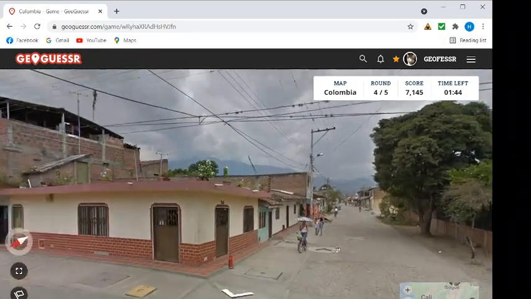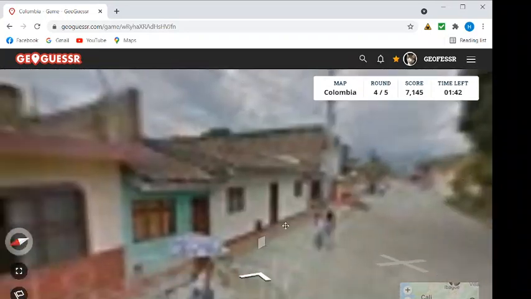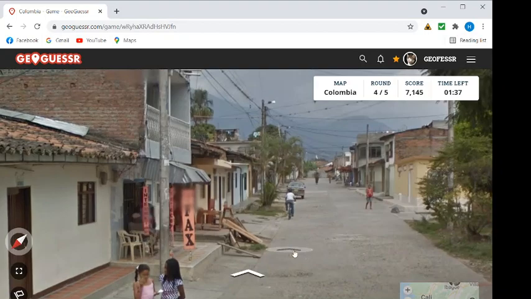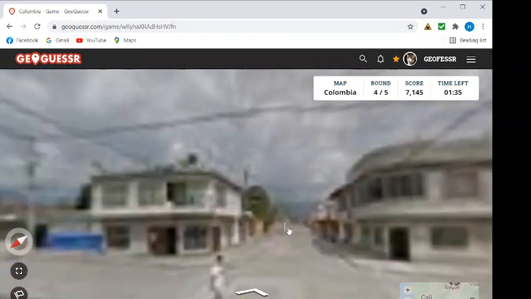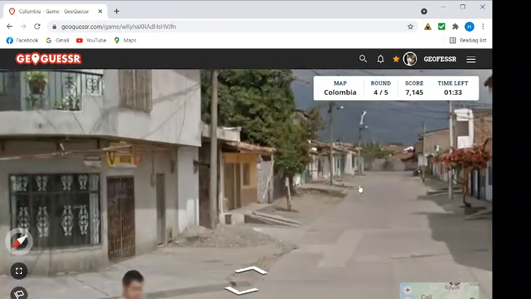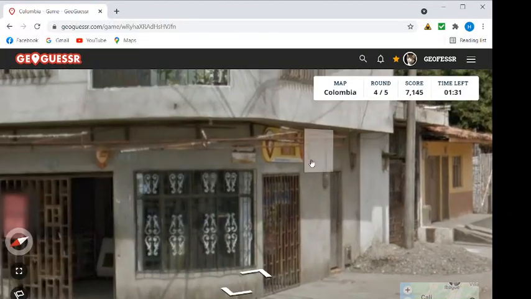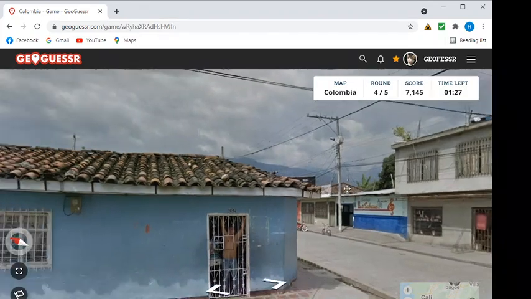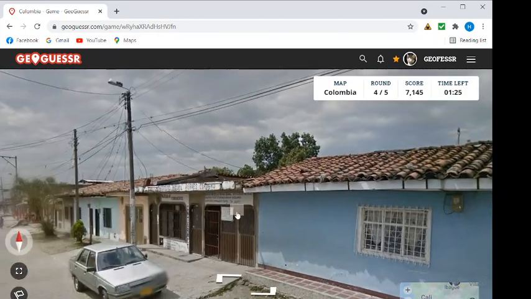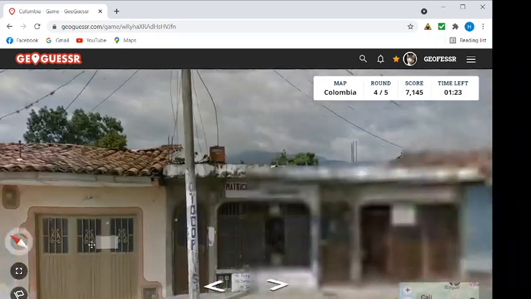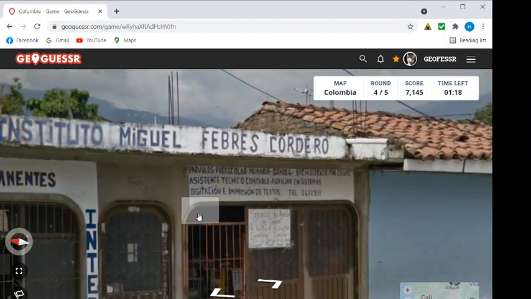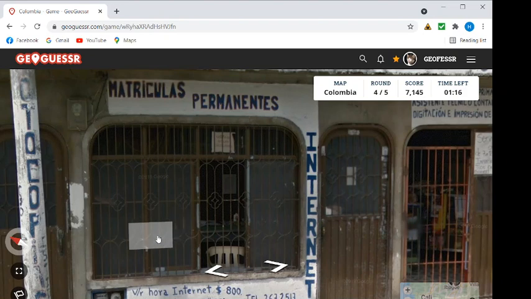Although it looks like we might have an elevated level of African Colombians, which would imply more the Caribbean area or especially the West Coast.